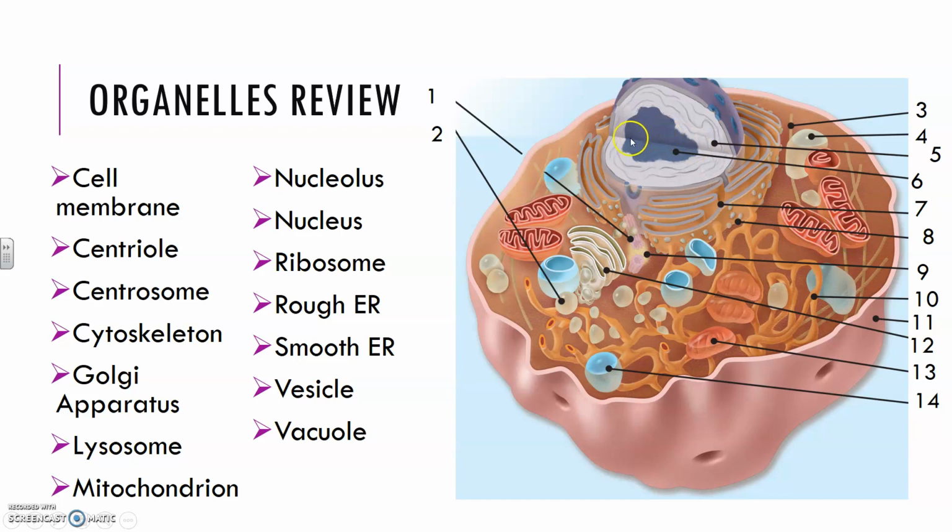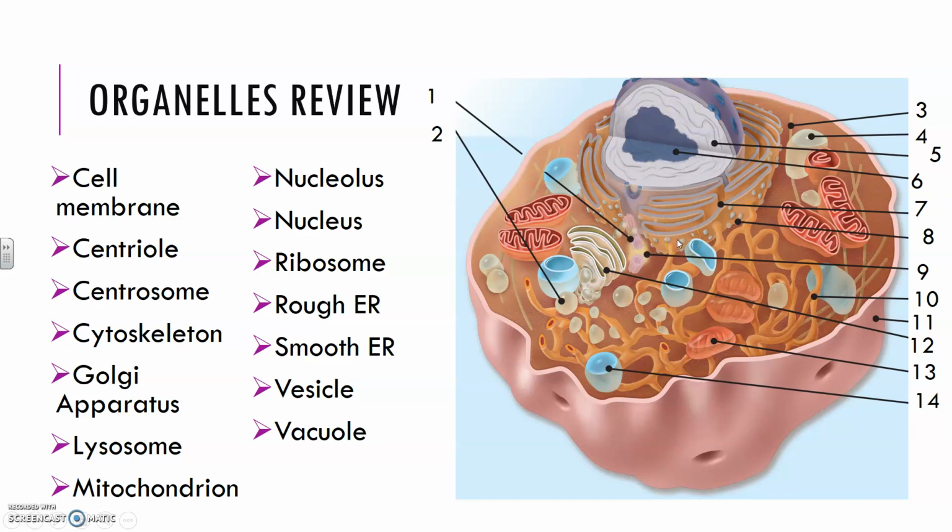You have your nucleolus, the darker, denser region inside the nucleus, number 6. You have your nucleus, number 5. Remember, the nucleus is bound by a membrane, and it has pores in that membrane, the nuclear envelope, in order to allow passage of genetic material. Your ribosomes are these little dots.